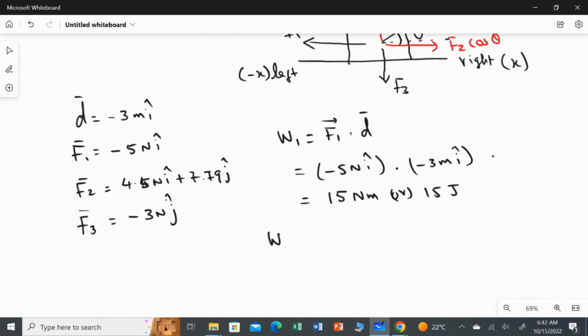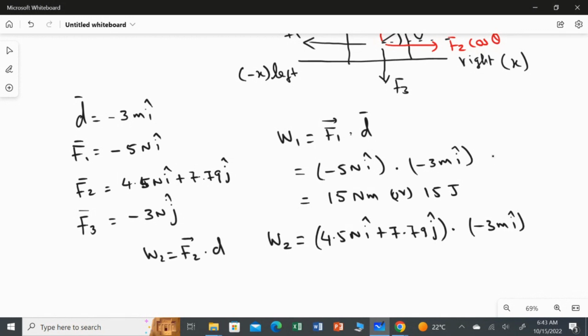Likewise, we have to find the value of this W2 by using the second vector. So what is our second vector equation? 4.5 Newton I cap plus 7.79 J cap, dot product with the displacement, which is minus 3 meter I cap. Clear? Because every time we have to deal with this equation. The W2 is equal to F2 vector dot D vector.